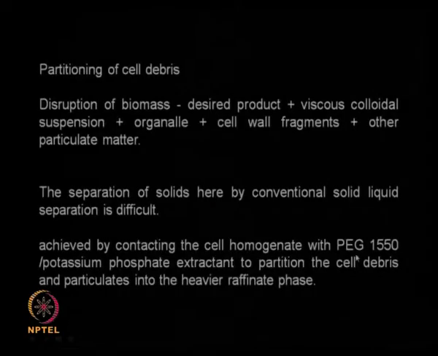So here we can achieve this separation by adding an aqueous system containing PEG, potassium phosphate extractant. So this will partition the cell debris and particulates into the heavier raffinate phase. So by adding this aqueous biopolymer with salt, I will be able to separate all the cell debris into the heavier raffinate phase. So that way I will be able to recover my intracellular desired product.